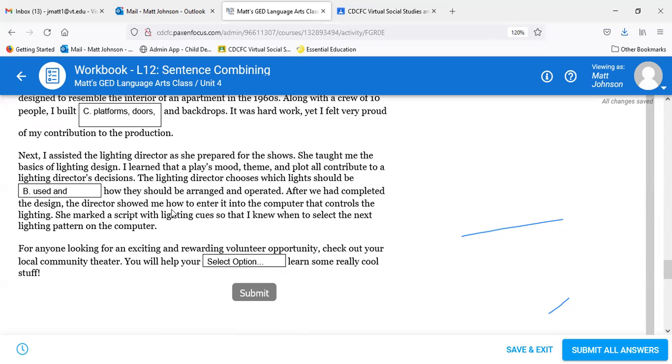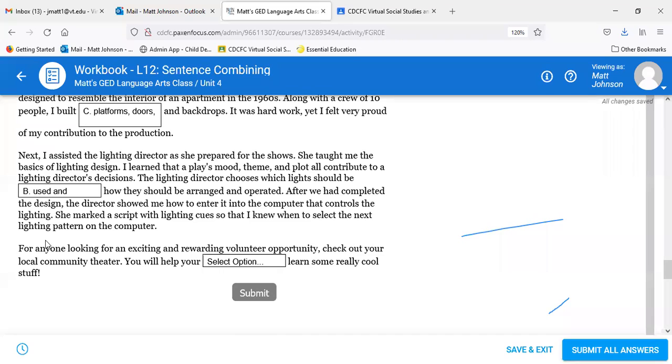We could have a complete sentence there with "The lighting director chooses which lights should be used," but that next phrase would not be a complete sentence. Using "and" here, we're combining two ideas. It's just two things that she's responsible for. So we just need "and," no punctuation there. We're continuing that same idea.